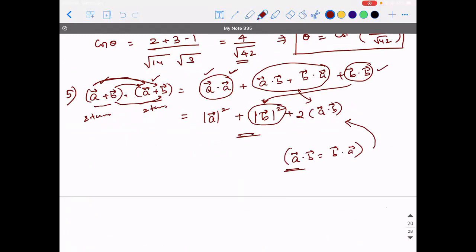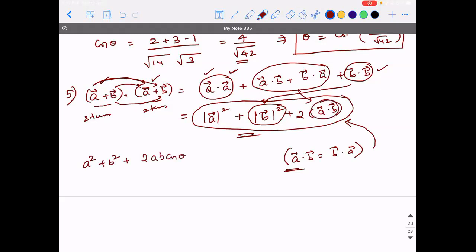If you observe, this whole thing is something similar to the parallelogram law of vectors. Because when I write it, I will get a square plus b square. I'm not getting 2ab, I'm getting 2ab cos theta. A vector dot b vector is ab cos theta.